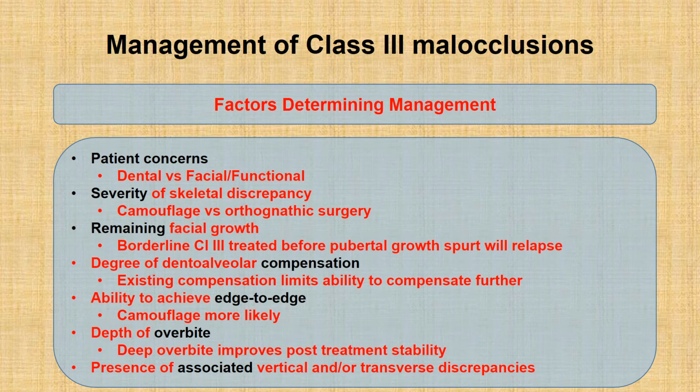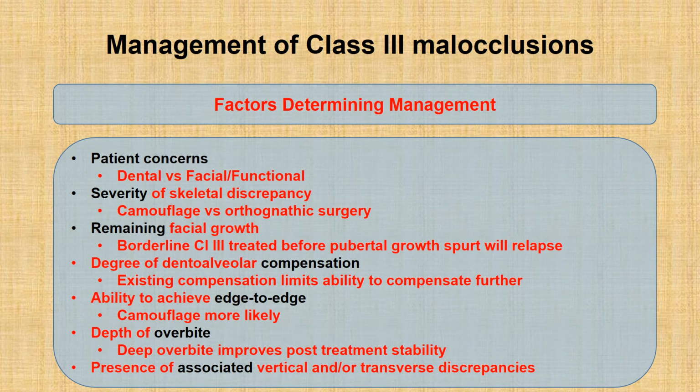Another factor to look at is whether the patient can achieve an edge to edge incisor relationship. If they can achieve an edge to edge incisor relationship, it is more likely that corrective orthodontic treatment or camouflage will be successful. The presence of an overbite is also important, because a deep overbite will improve the post-treatment stability.